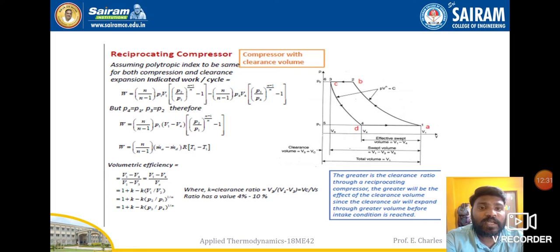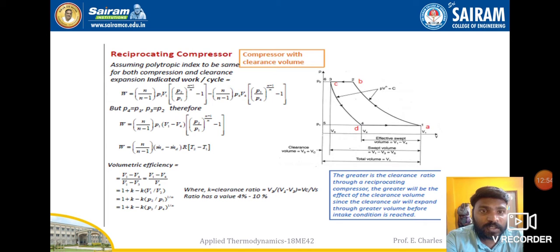Here P4 is equal to P1, P3 is equal to P2. If you equate the pressures P4 to P1 and P3 to P2, then the equation will be W is equal to n by n minus 1 P1 into (V1 minus V4) into (P2 by P1) whole to the power of (n minus 1 by n) minus 1.